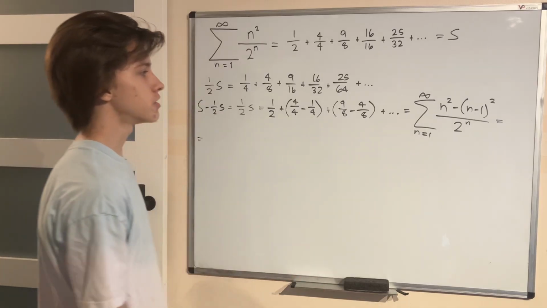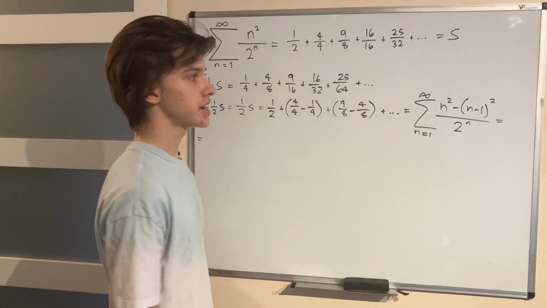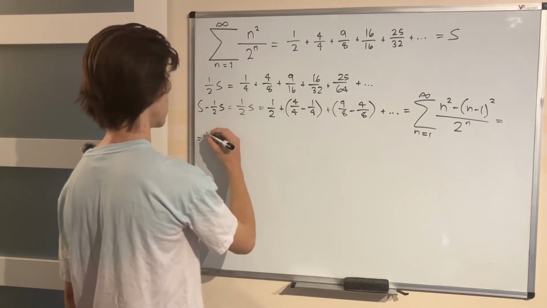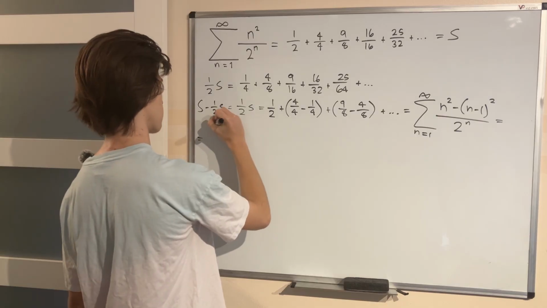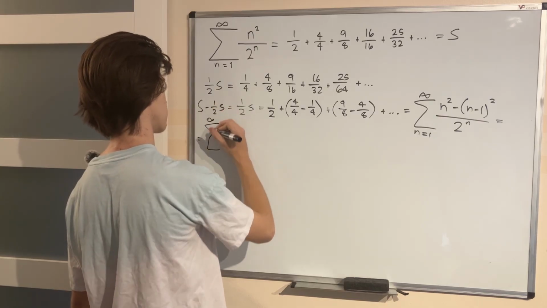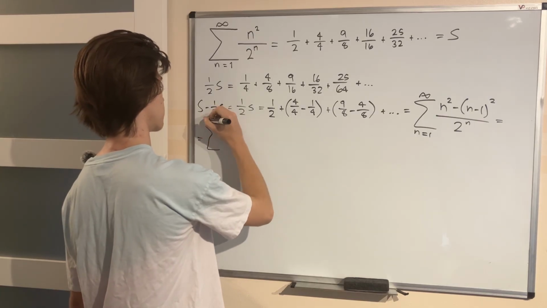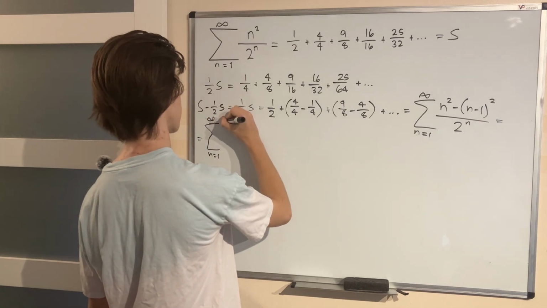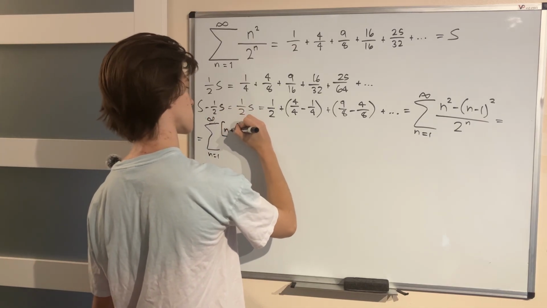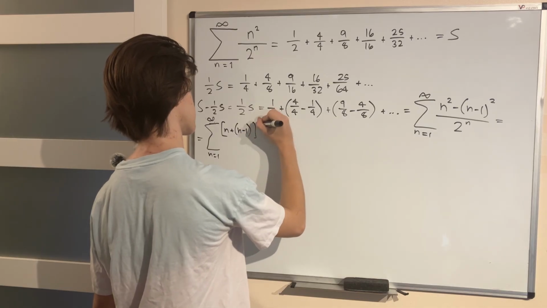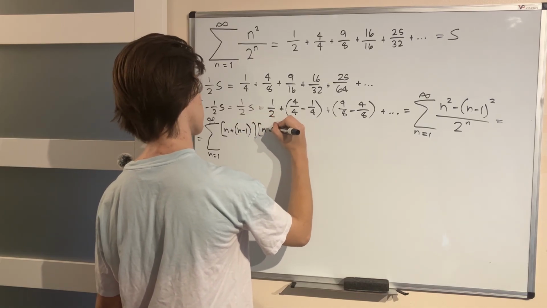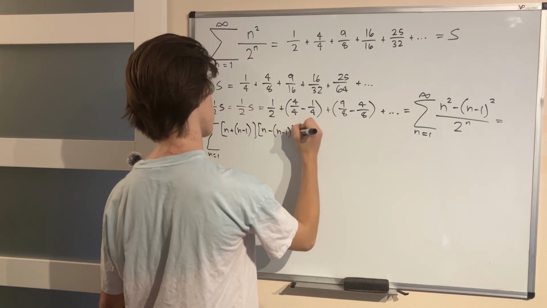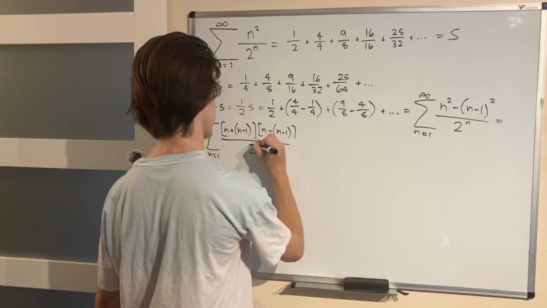And this is our new series, and this is very nice now because we can take the difference of squares in the numerator right here. This is going to be the same sum to infinity from n equals 1. Applying the difference of squares, you get (n plus n minus 1) times (n minus (n minus 1)) over 2 to the n.